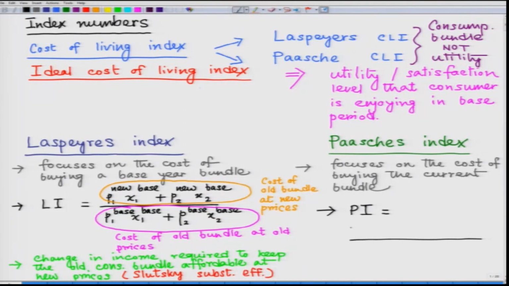So, this will be P1 new x1 new plus P2 new and x2 new, and this is all divided by P1 base times x1 new plus P2 base x2 new.